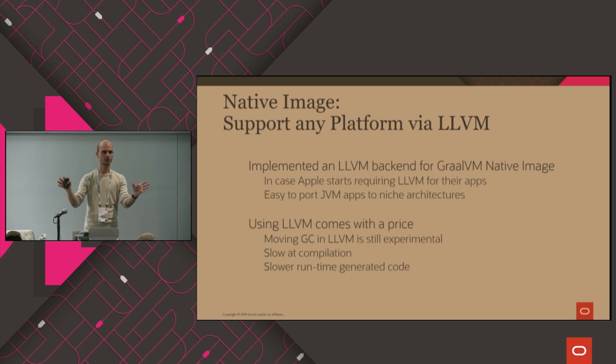It's really an outward-looking story where you can increasingly be sure that if you're creating an application that can be turned into a native image with GraalVM, it will be easy to port it to different platforms because of these backends that we're supporting.